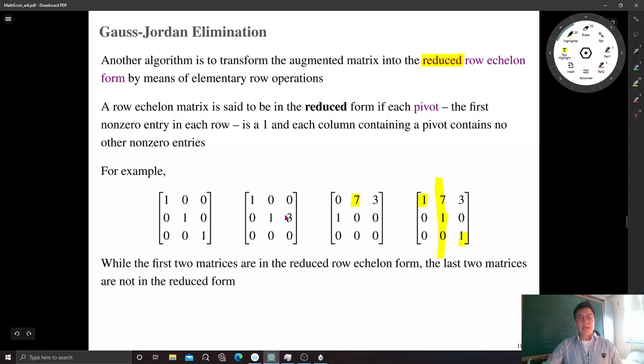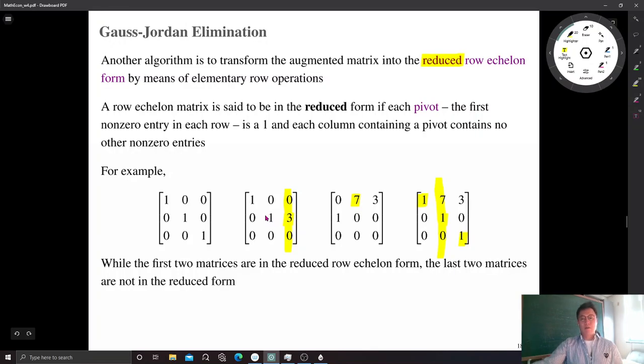And in the second example, we have a number 3 here, but that is not a pivot because the first non-zero entry in the second row is number 1. So it satisfies the first condition. And for the second condition, because the third column does not have any pivot, it has no bearing on the second condition. So it is a reduced form.